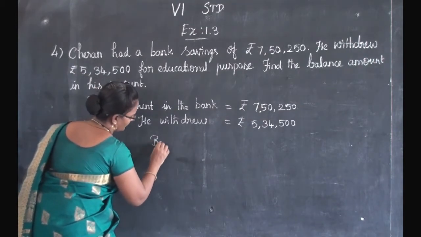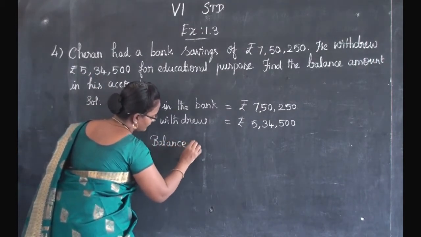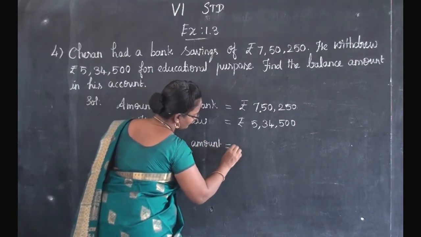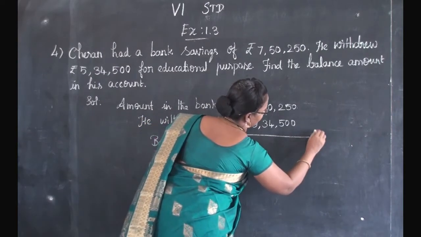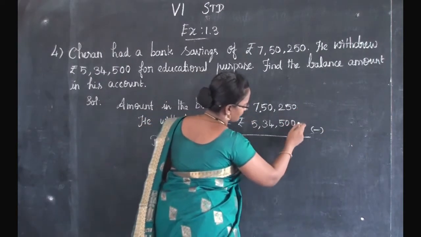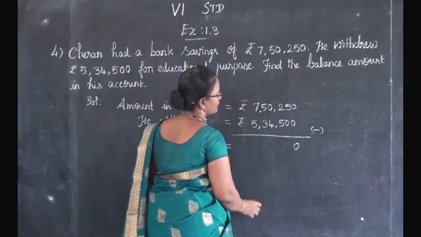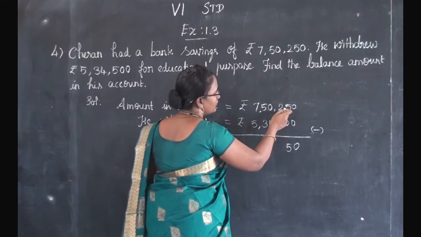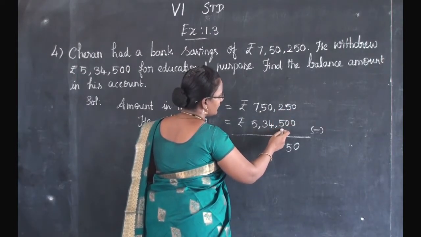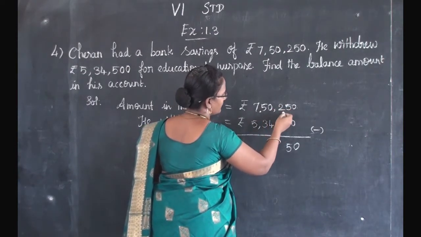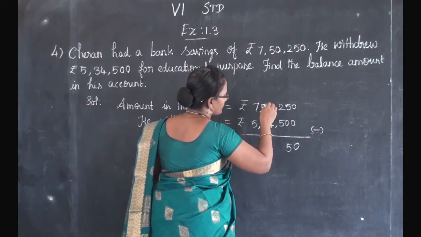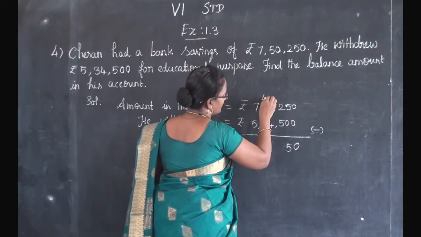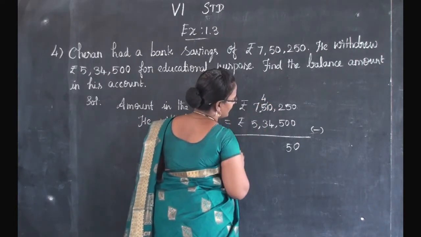So balance amount means you have to subtract the numbers. 0 minus 0, 0. Here 5 minus 0, 5. And then 2 minus 0 is not possible. So borrow from here, but there is 0. So again from here we borrow the number. So it will become 10.